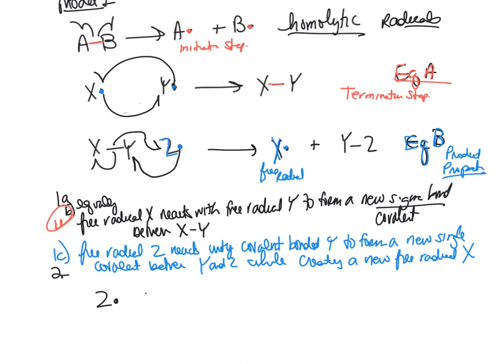Z, X, Y, and it's going to produce Y radical plus ZX. So how would you do that? Well, the free radical Z is forming a new bond with X, so it's got to come over here and take X. We need to split this with X and Y. So you should have those 3 electron flow fishhook arrows to illustrate that.